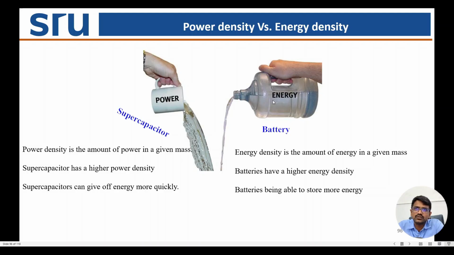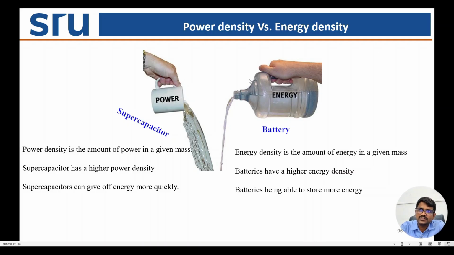See, if you see the two mugs, if you take this cup, you can instantly fill the cup, and also you can quickly deliver all the water from that cup, right? You can instantly pour all the water. If you take water like energy, you can immediately fill and quickly pour.